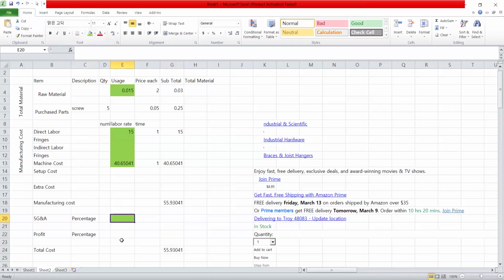So it's not something you will have to do yourself, but you should know what is behind this SG&A. Basically, SG&A is sales, general, and administration.